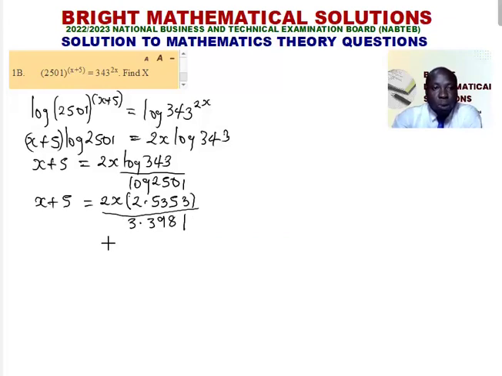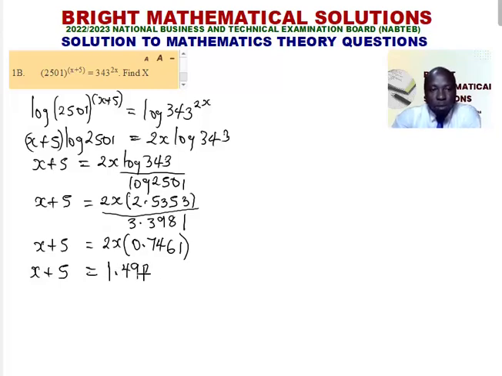So from here we can divide this such that this entire expression will become x plus 5 equals 2x into bracket 0.7461. Now from here, let us open this bracket. x plus 5 equals 1.4922x. So I multiply 2x by 0.7461.